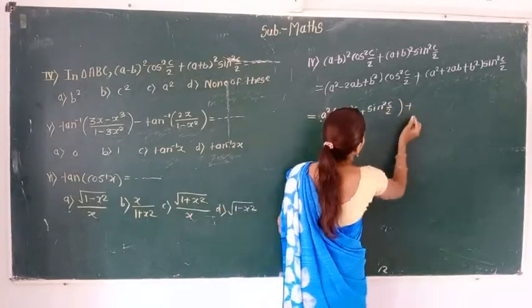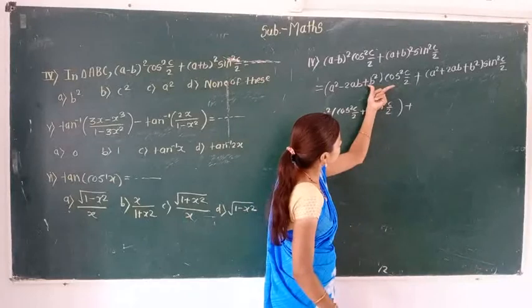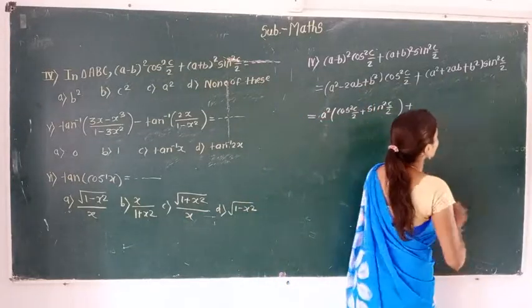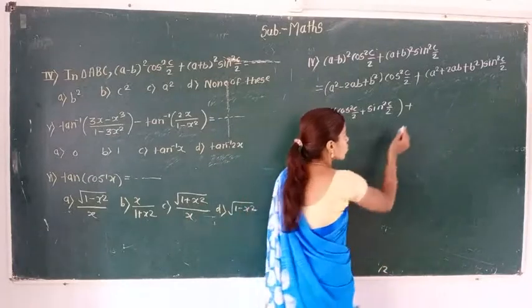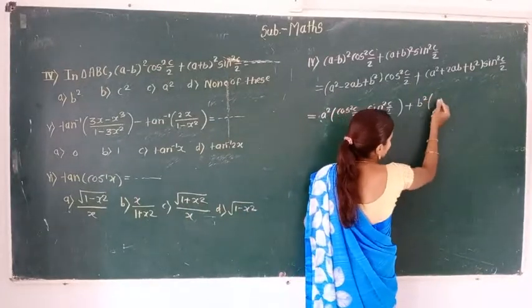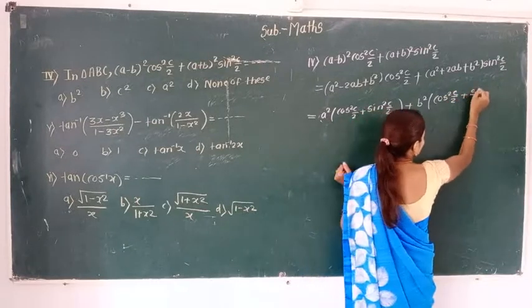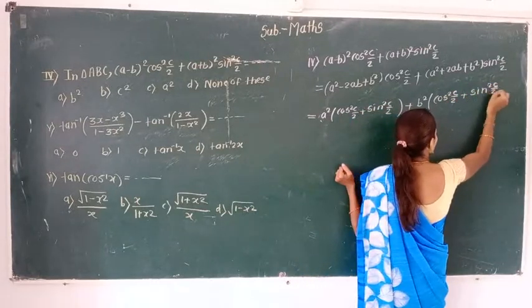Now again take a cross multiplication of these two terms, b square cos square C by 2 and b square sin square C by 2. The common factor is b square, and write cos square C by 2 plus sin square C by 2.